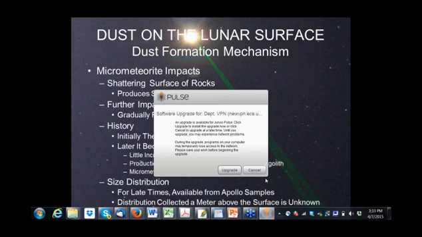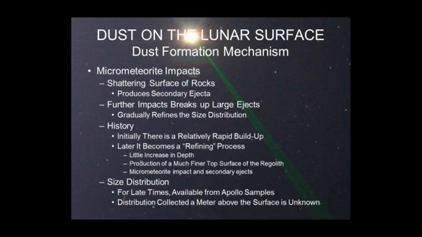This means that the formation of this material is a relatively nonlinear process. At the beginning, it grows rather rapidly. As time goes on, it doesn't grow as rapidly. It's mostly a question of making the upper surface finer and finer dust.